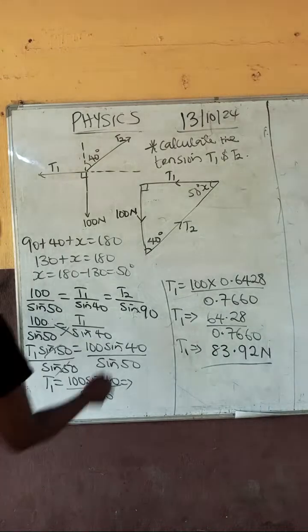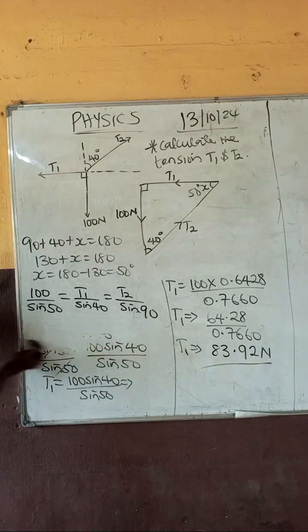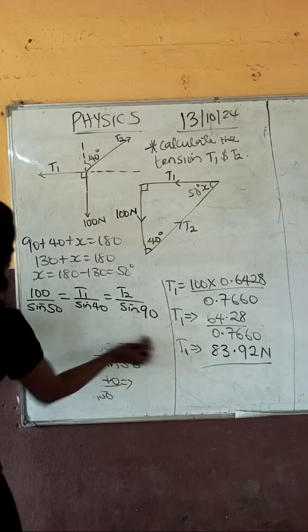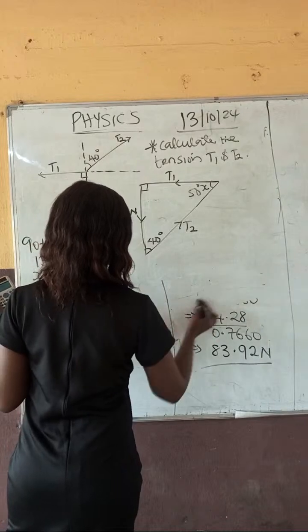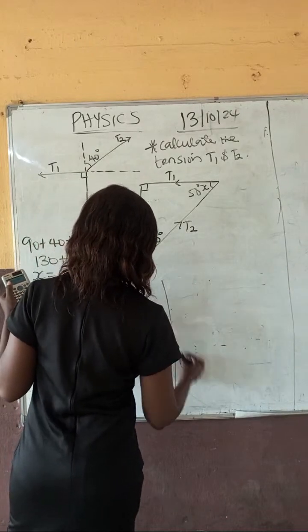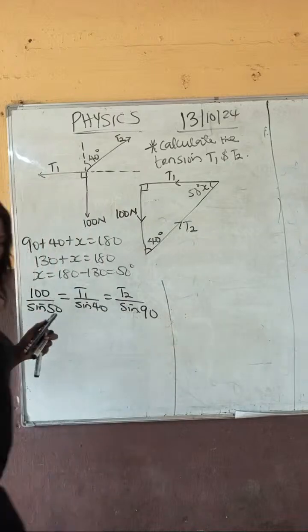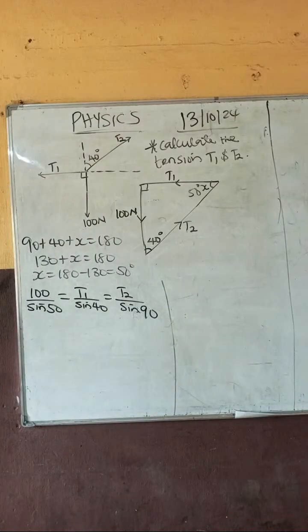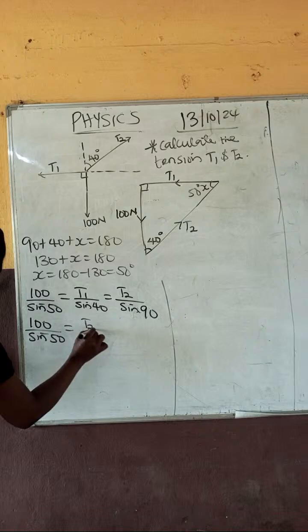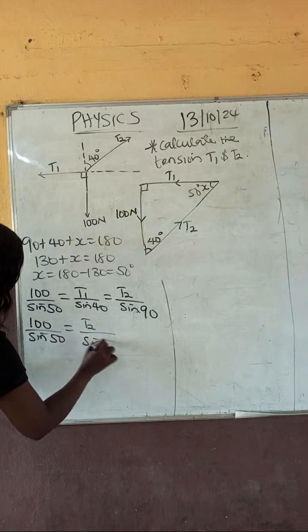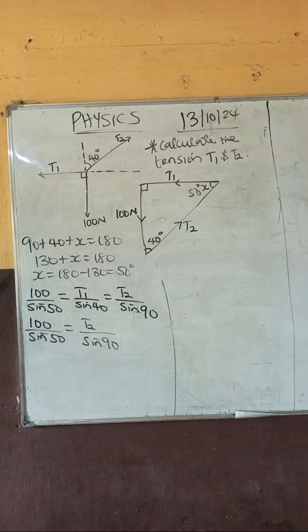Now let's solve. So I'm going to say 100 over sine 50 is equal to T2 over sine 90.